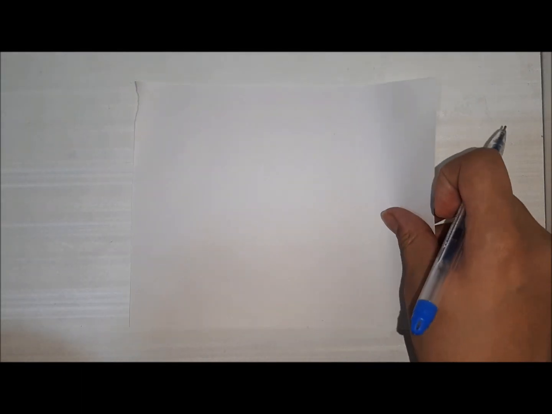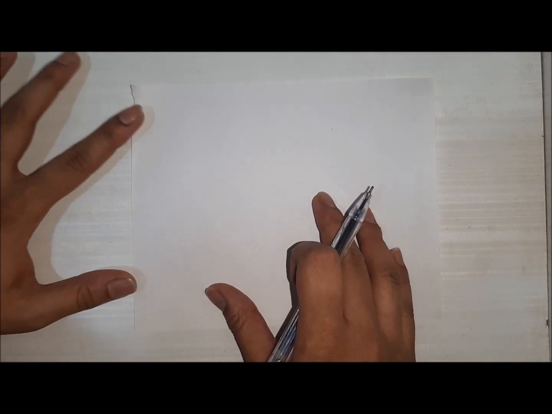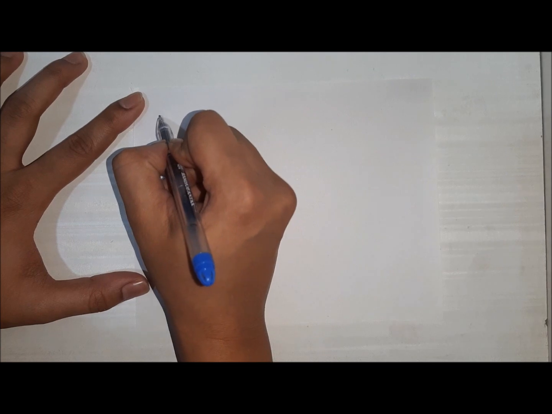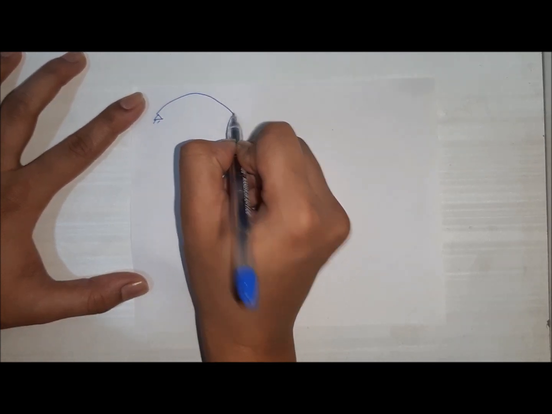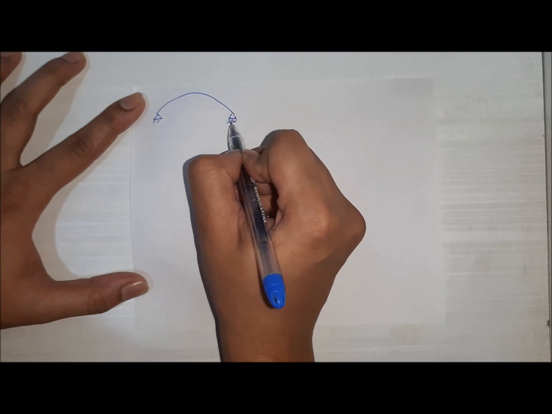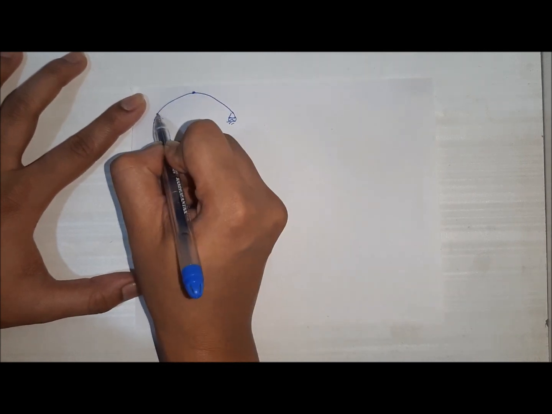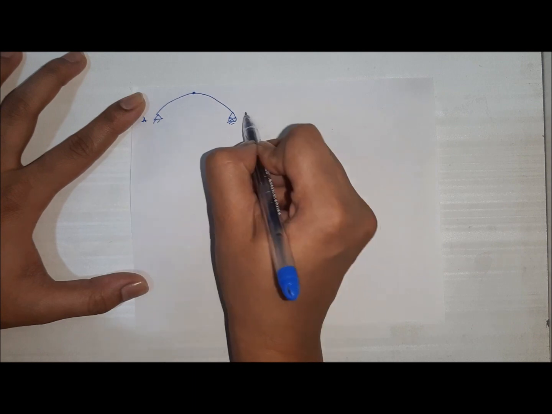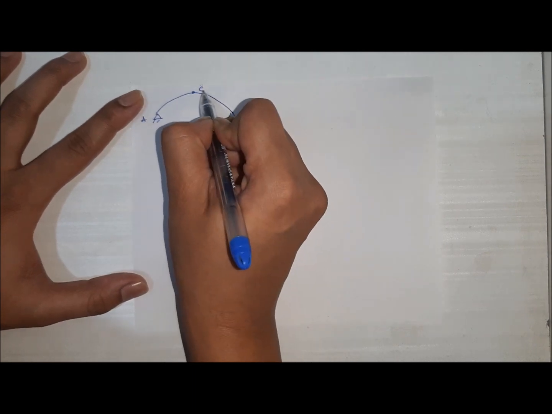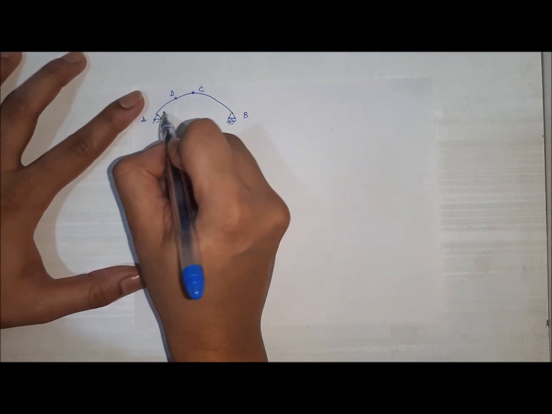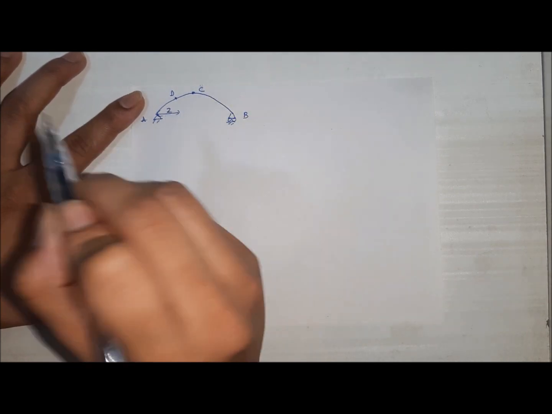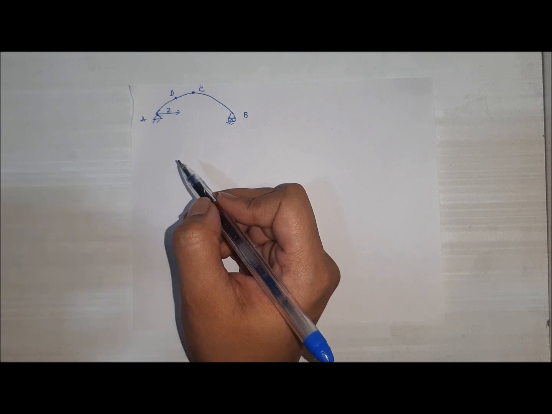Now we are supposed to find or plot the ILD for bending moment at point D. Again we will draw the arch A, B, C, and this is the point we are having D. We have to find the bending moment at this point, with the same dimensions as we had taken earlier.